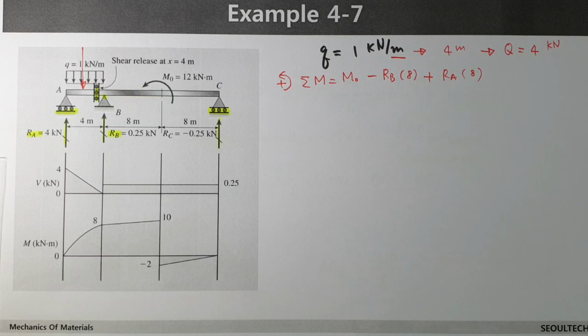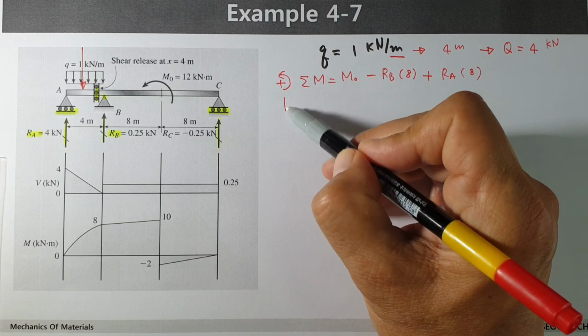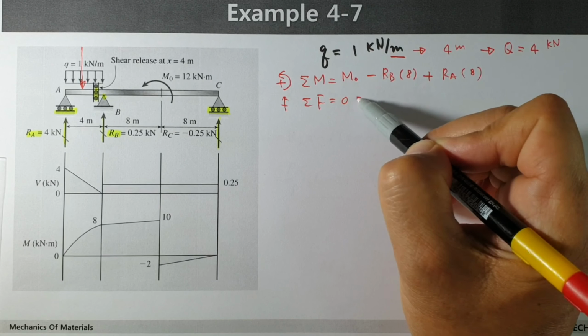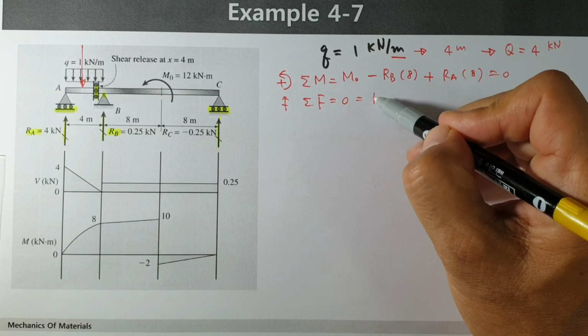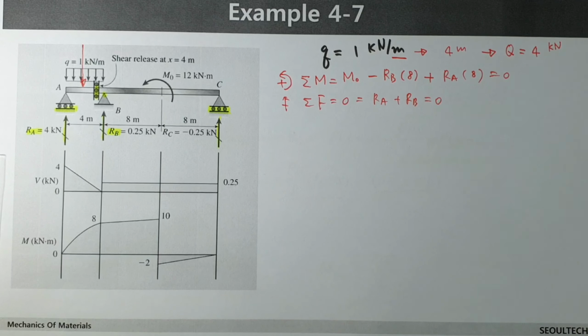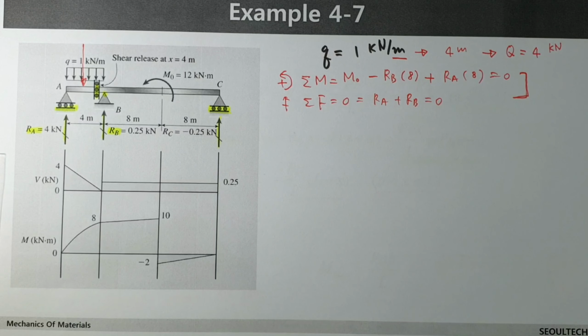Then we have one relationship, and another one is this kind of positive direction is considered. Of course, this one is 0. Considered RA plus RB equals 0. Based on both relationships, we can calculate RA value and RB.